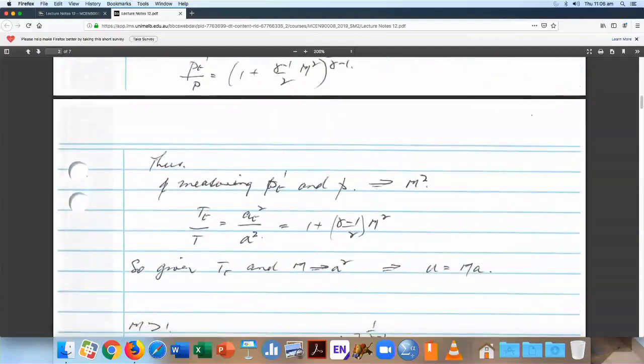We know that for isentropic flow, the ratio of the total temperature, which is the enthalpy when you bring the fluid to rest, divided by the static enthalpy, and you know that HT is H plus a half U squared. So that's where the gamma minus 1 comes from.